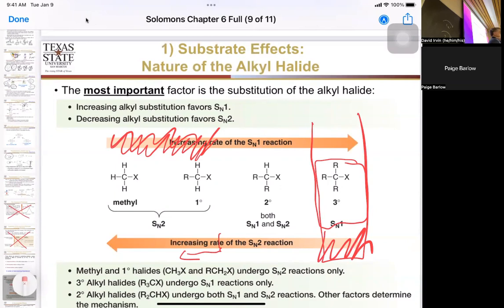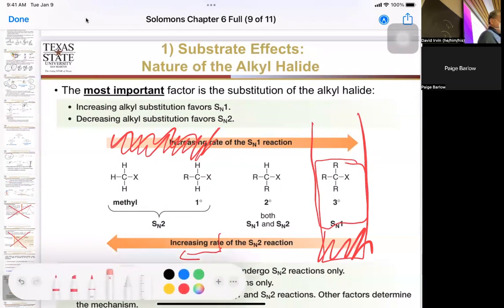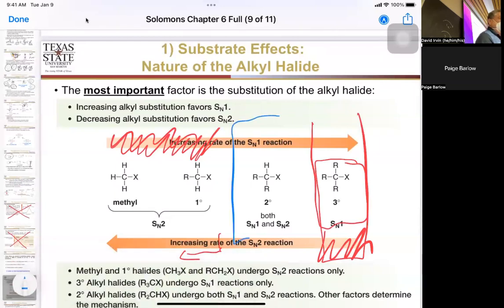Okay, now that leaves us with the secondary substrate, where SN1 and SN2 can both happen. So now we have to look at the next two important things. What are the next two important things? Nucleophile strength and solvent. Okay, so we're done here.